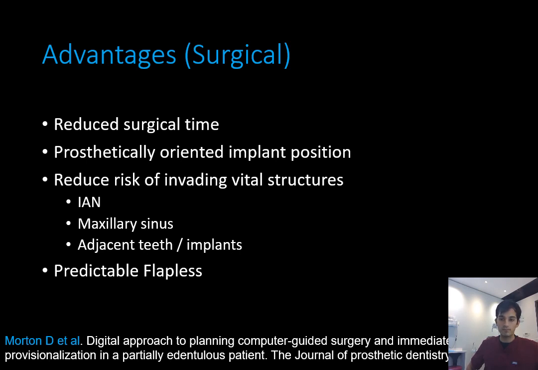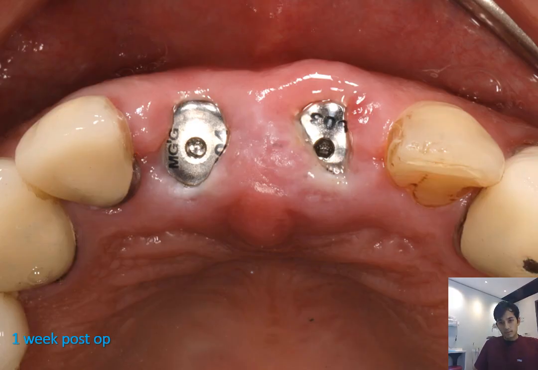You have something guiding the position of your implant. And there's a lot lesser risk of invading through the buccal plate of bone, perhaps, and avoiding those perforations or hitting the adjacent structures. So this is our patient a week later, and the healing looks fantastic at this point.